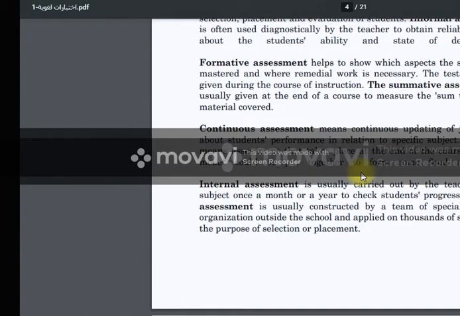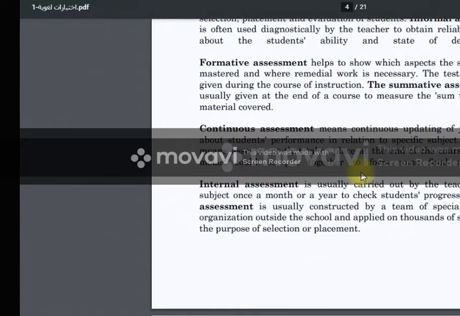So, okay. So any test, it seems to me that the best way to differentiate between the two should be based on the designers of this test.